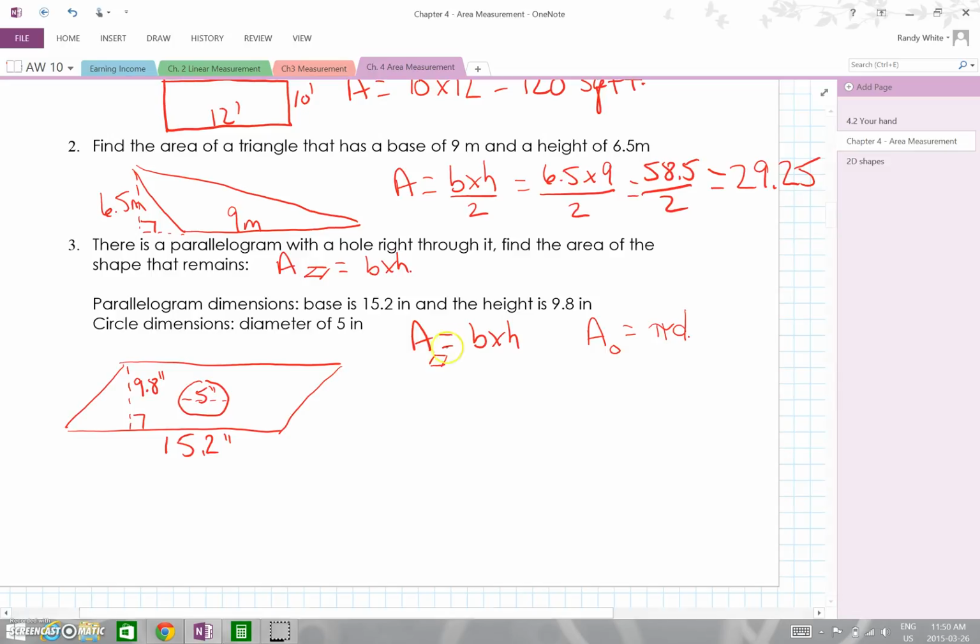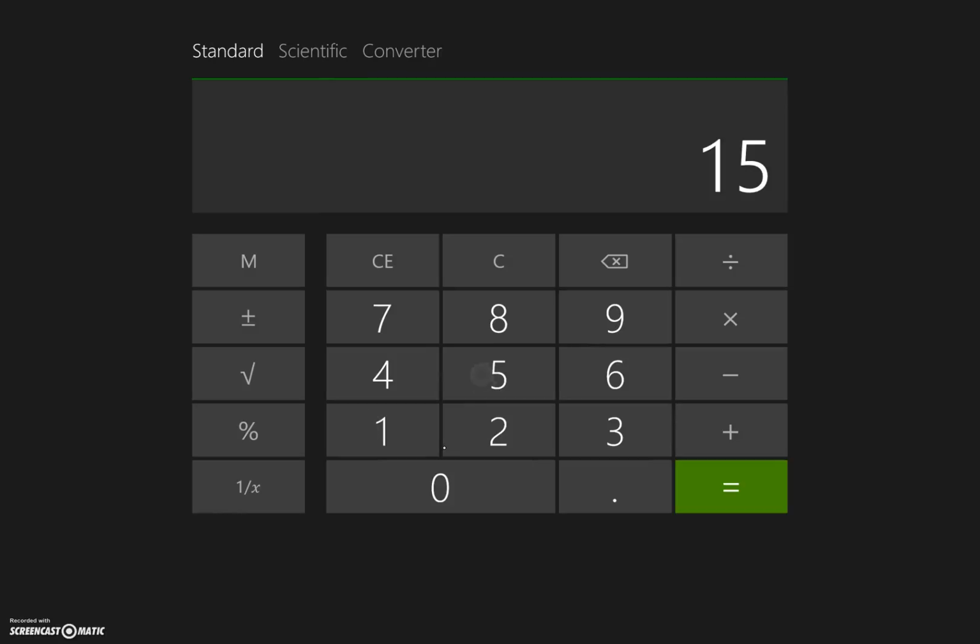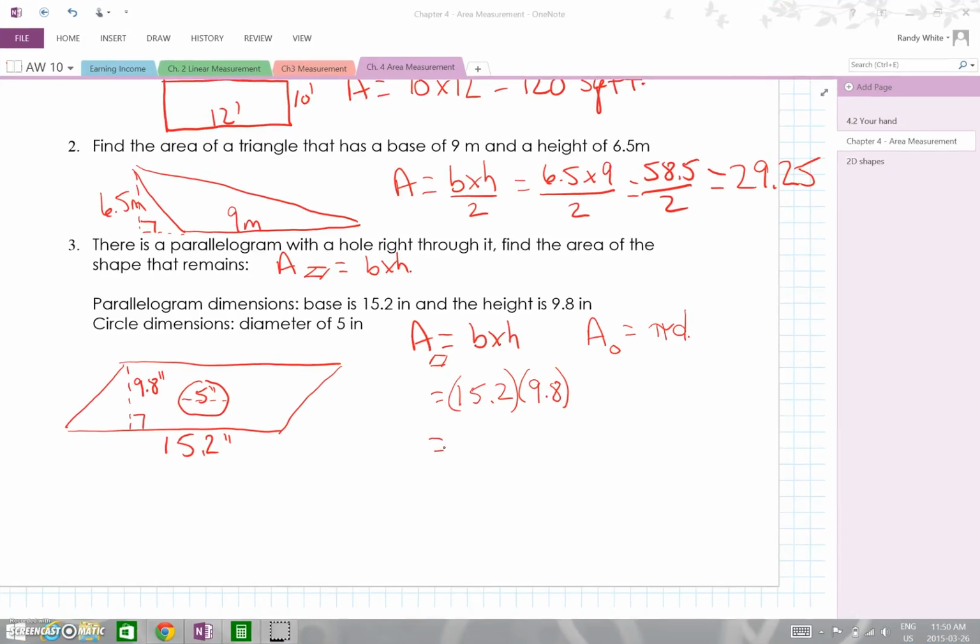So what I will need to do first off is, my base is 15.2, and I'm going to times that by the height, which is 9.8. So 15.2 times 9.8 is 148.96.